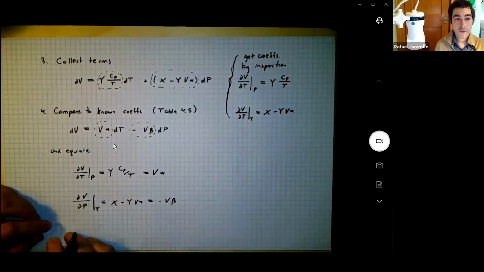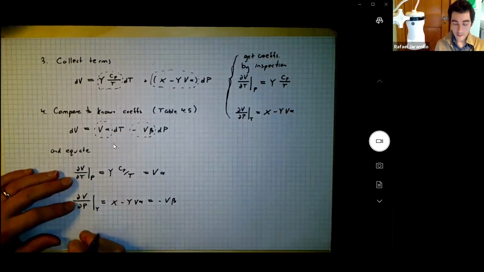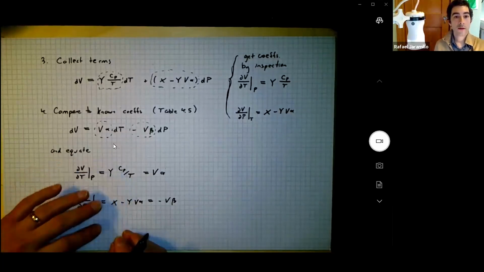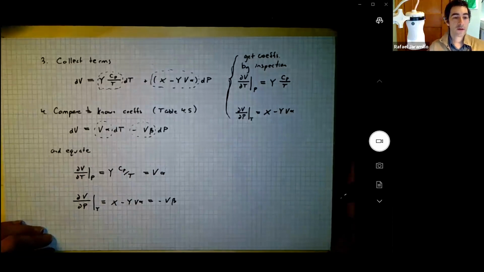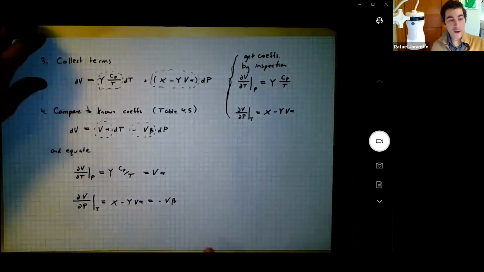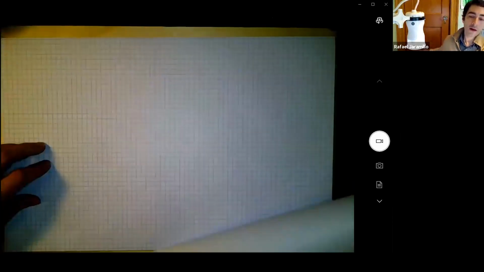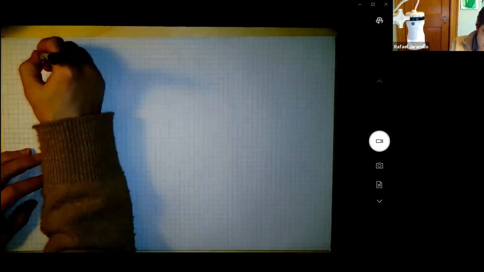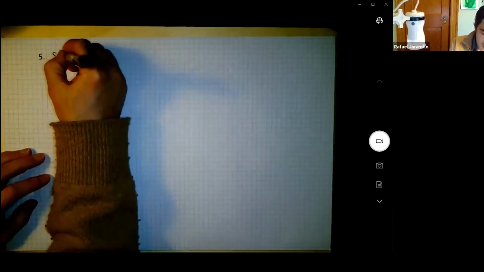So now we have our answer. We have a system of two equations and two unknowns, X and Y. So now you can solve. Step 5: solve for unknowns.